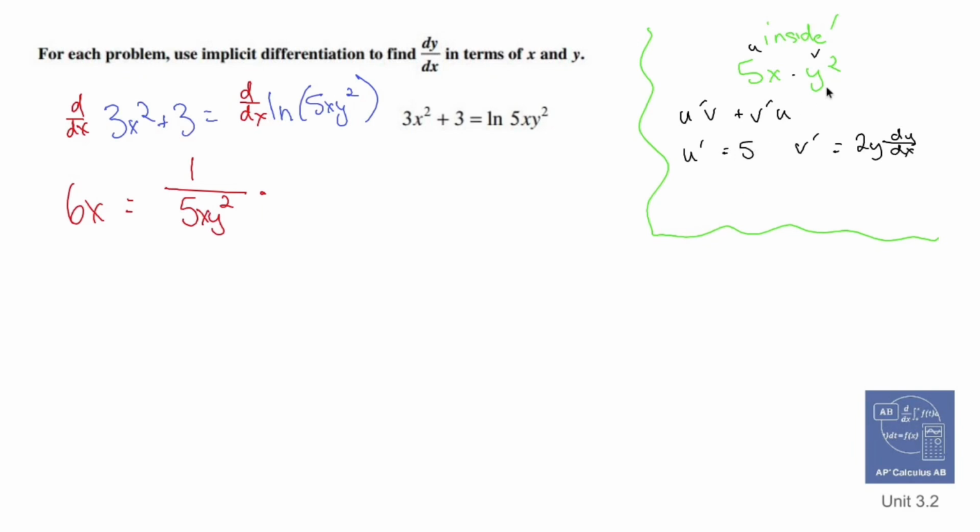Now, when you take the derivative of a y with respect to x, you have to attach dy/dx. So u prime v is 5 times y squared, plus v prime, which is 2y dy/dx, times u, which is 5x.